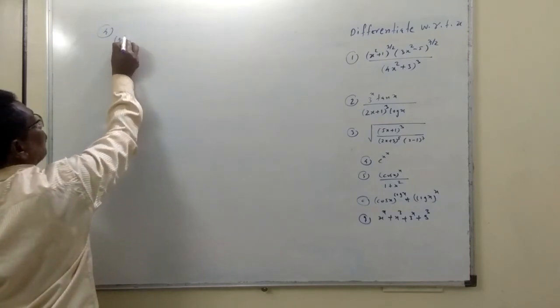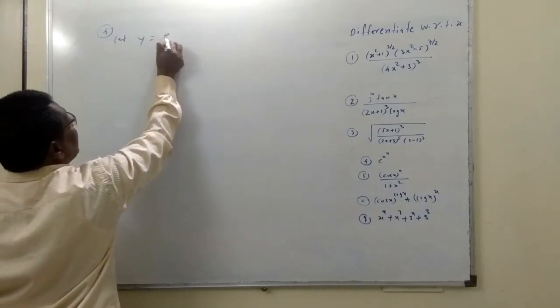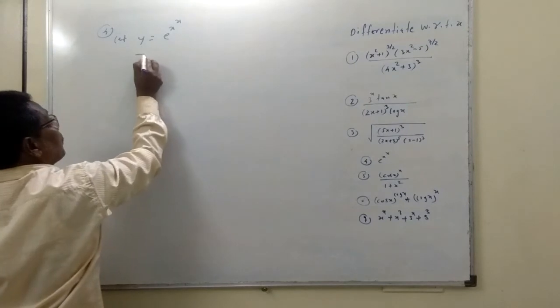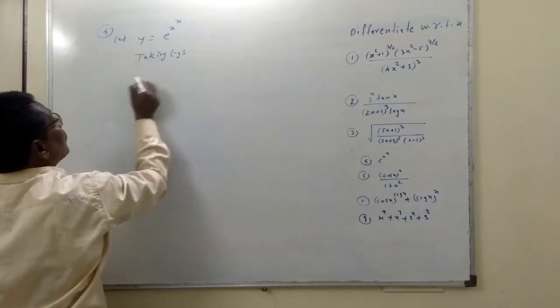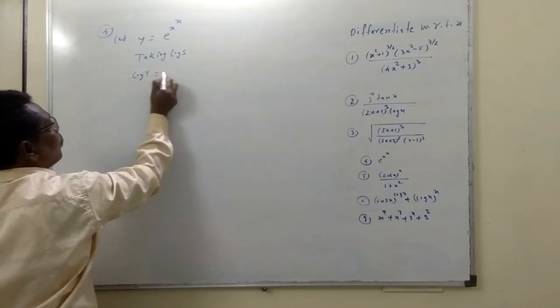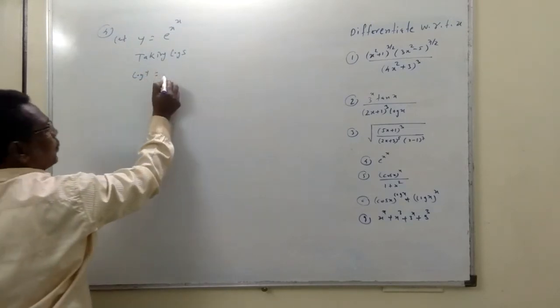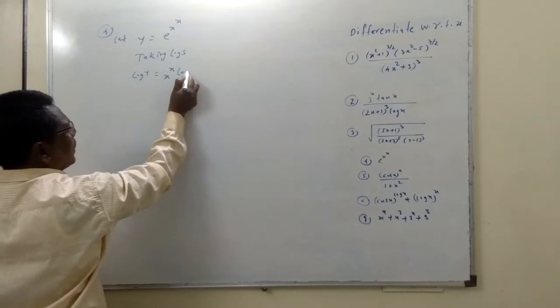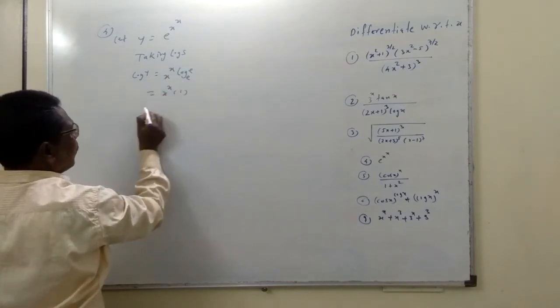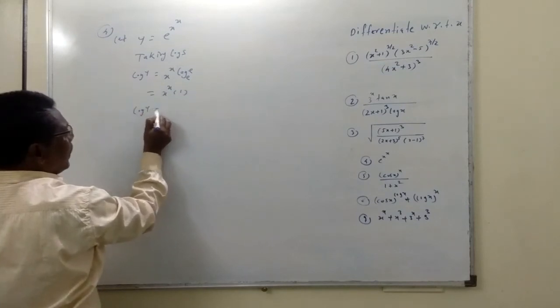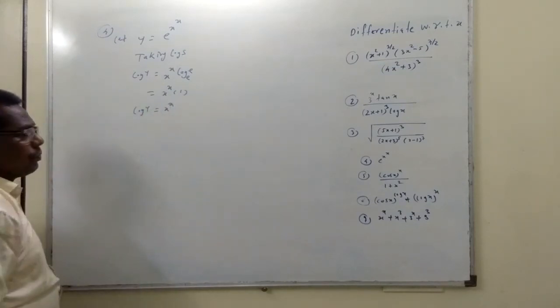Let y is equal to e raised to x raised to x, taking logs. Log y equal to log of e raised to x raised to x, that is x raised to x log e base e, so the value is one, so x raised to x into 1. So log y is equal to x raised to x.